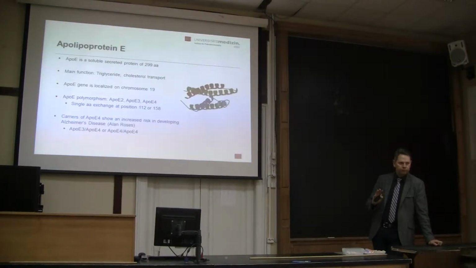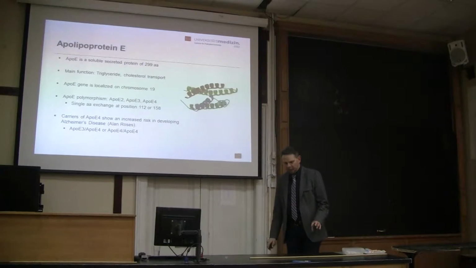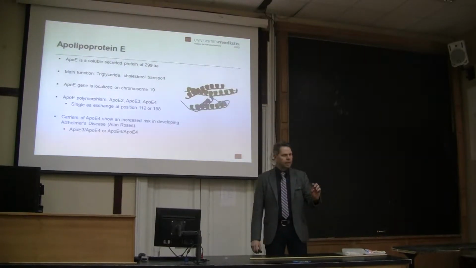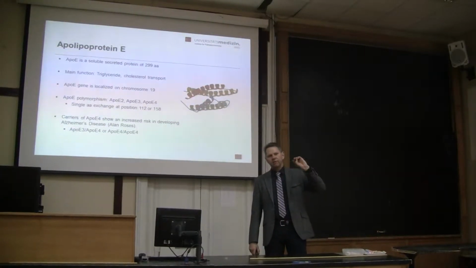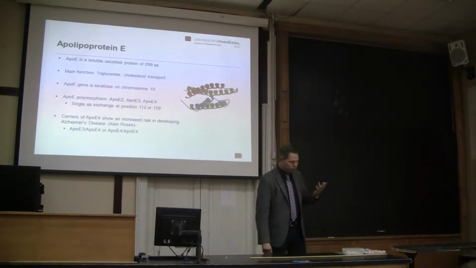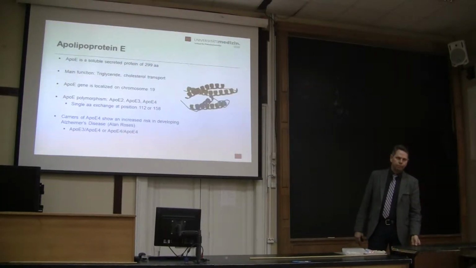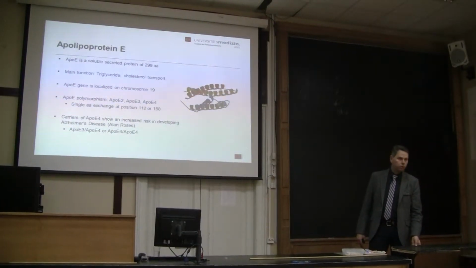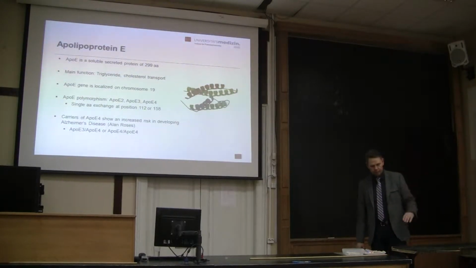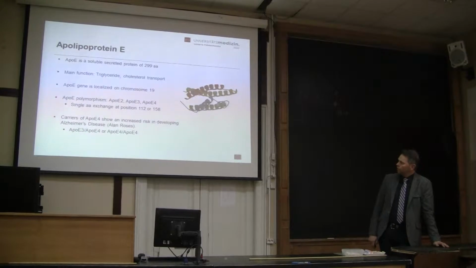We know that ApoE is involved in lipid particle transport. LDL, VLDL, HDL all have some kind of ApoE molecules in there, and therefore we know that the cholesterol level in our bloodstream plays an important role not only in heart disease, but maybe in Alzheimer's disease as well. So this was known for the longest time.